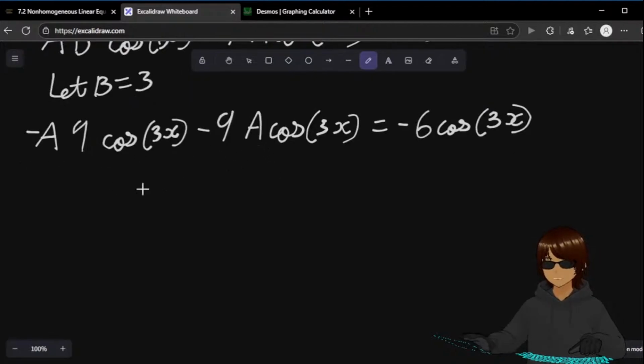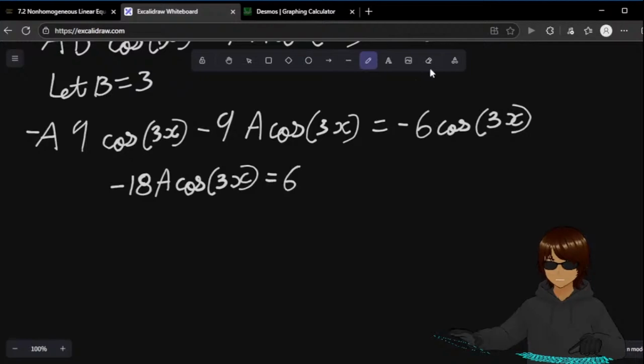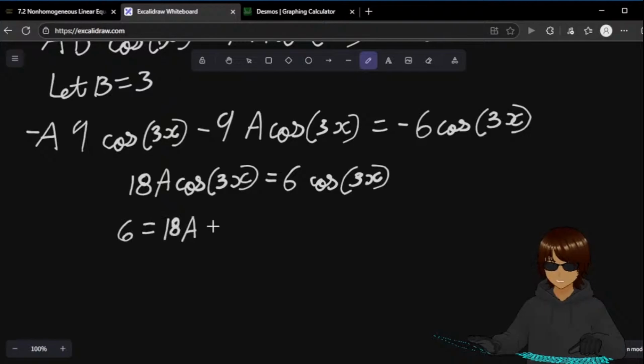So this appears 2 times and becomes minus 18a cos 3x is equal to, I can remove the minus, 6 is equal to 18a, which implies that a is equal to 1 over 3.